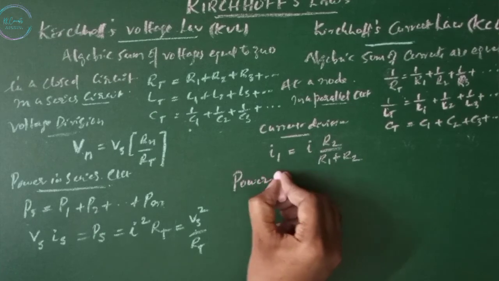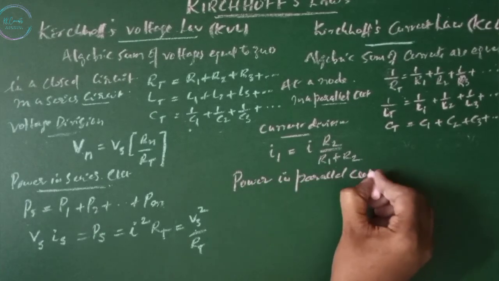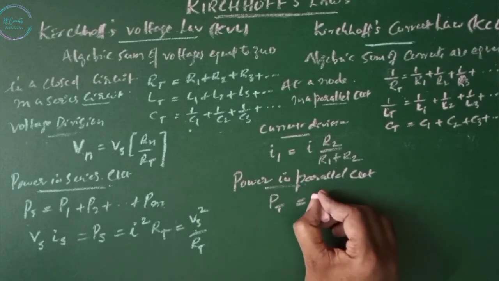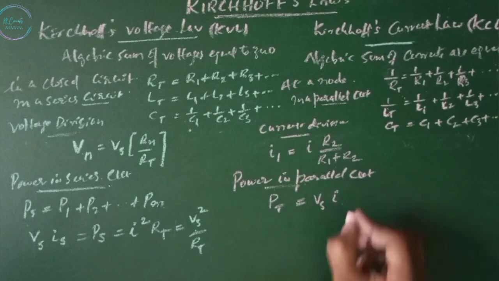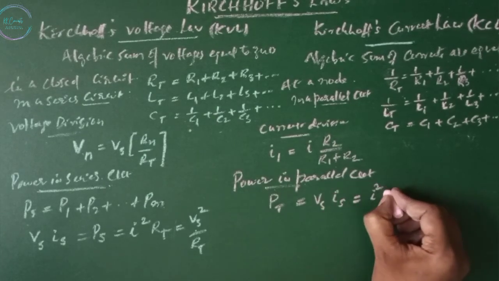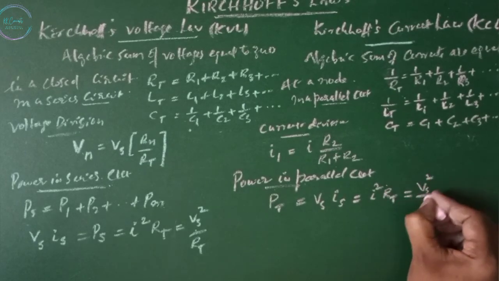Power in parallel circuit. Total power PT is given by the total voltage and the total current, equals I square RT if it is resistive, equals Vs square by RT.